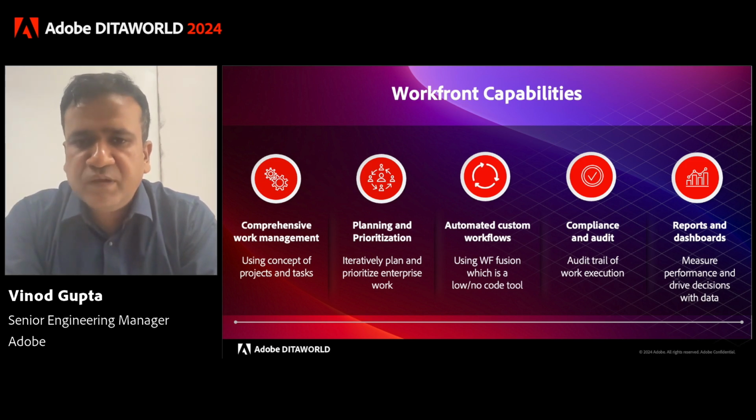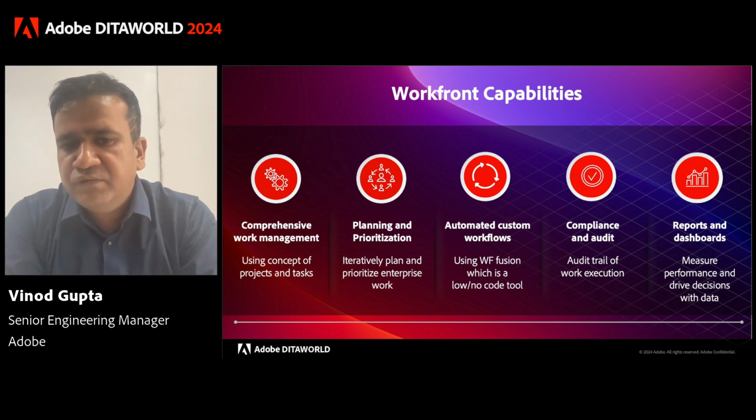The third capability that we are building is the automated custom workflow. As Manik mentioned, Workfront provides Workfront Fusion, which is a low-code, no-code tool using which we can listen to any event and trigger a custom workflow. This is a very powerful tool, and we're going to demonstrate 2 use cases using this workflow.